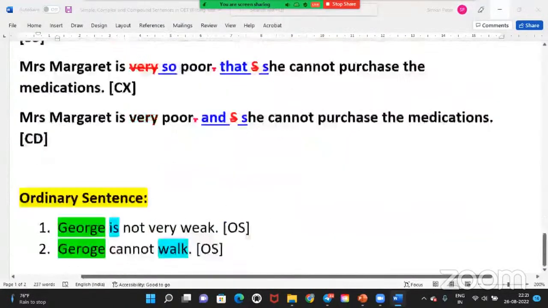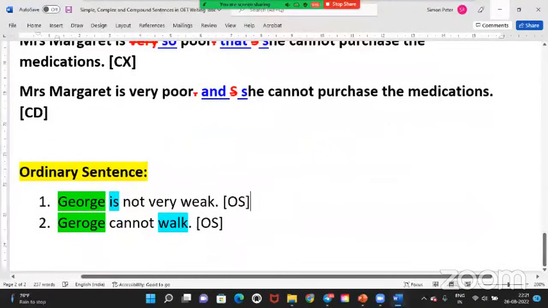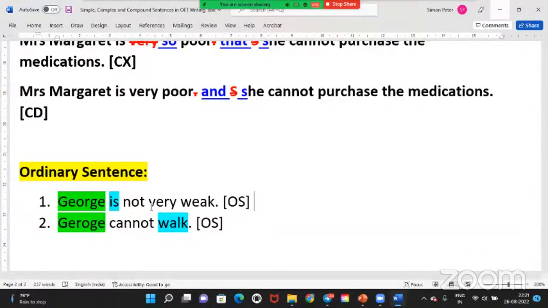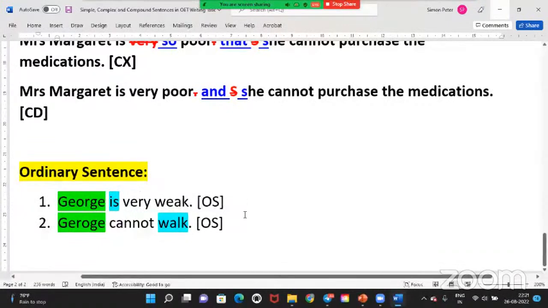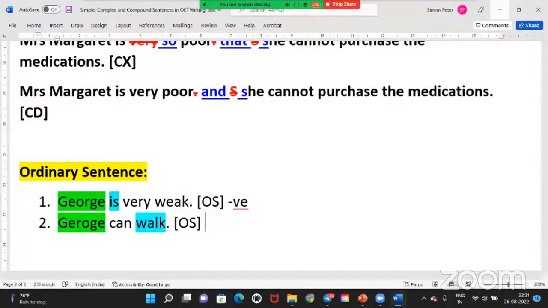But here, you can see the difference. The first one is George is very weak. This is a negative sentence. And George can walk. This is a positive sentence. So when positive and negative sentences are there, how can you write? I'm going to teach you.